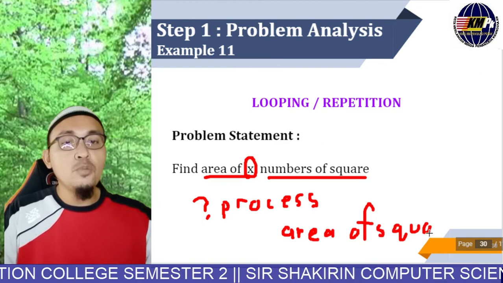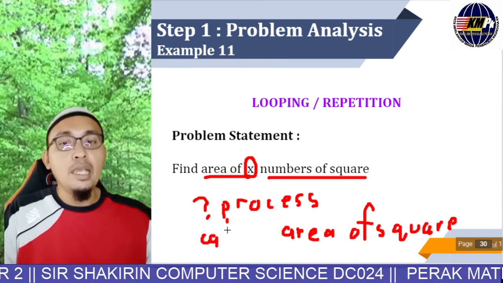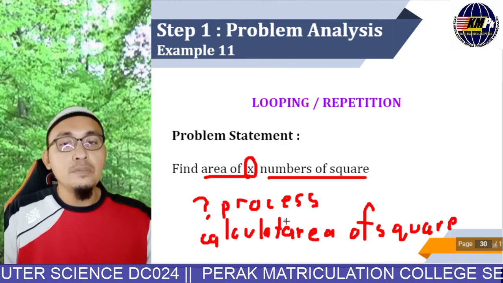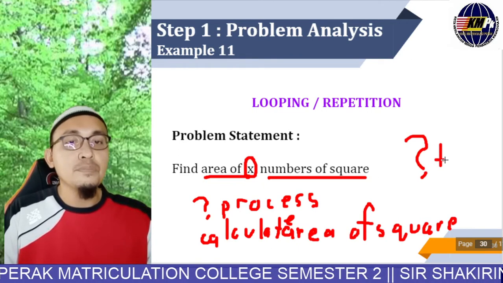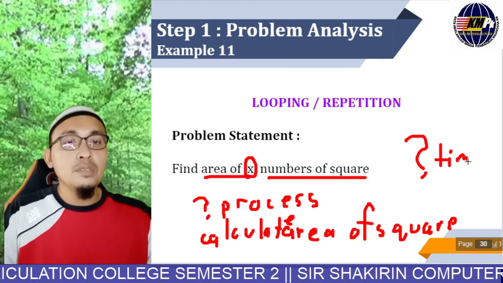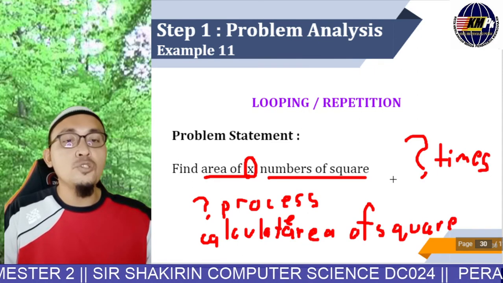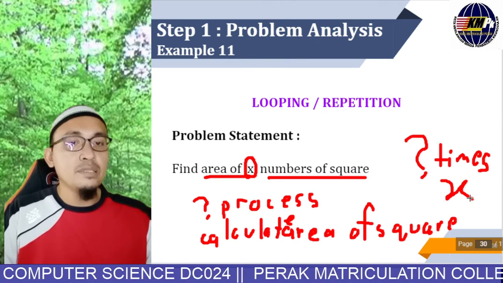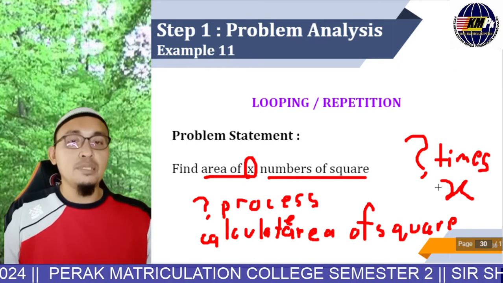We are going to calculate area of square. But the question now, how many times? How many times is this statement going to be calculated? It is x. x means unknown. This can be any number of times.